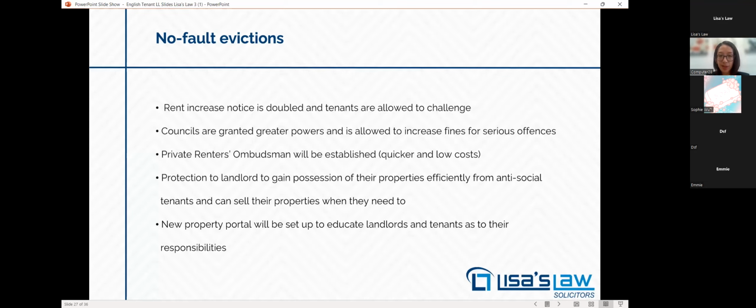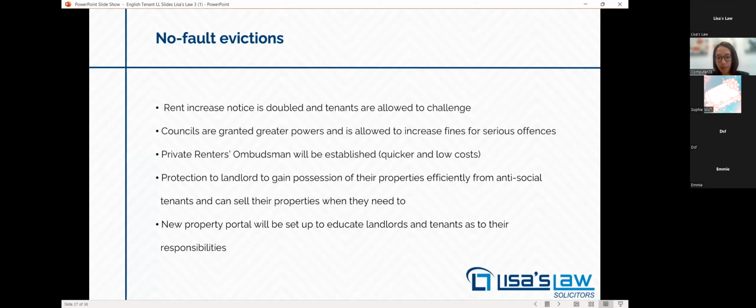The councils are granted greater powers, and they're allowed to even increase fines for serious offences. A private rentals ombudsman will be established, which I think is a good thing. It will be quicker and low cost, because at the moment, for eviction, for most tenants and landlords, it can be quite expensive.